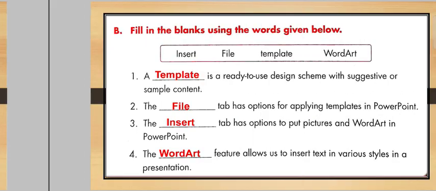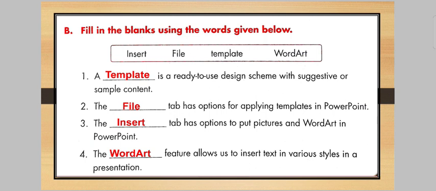Next is fill in the blanks. First: dash is ready to use design with suggestive or sample content. So this is templates. Next: the dash tab has the option for applying templates in PowerPoint.